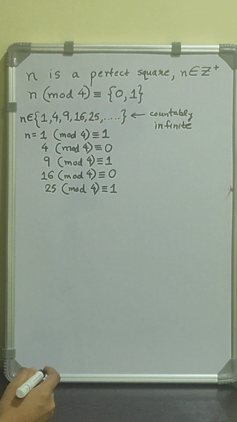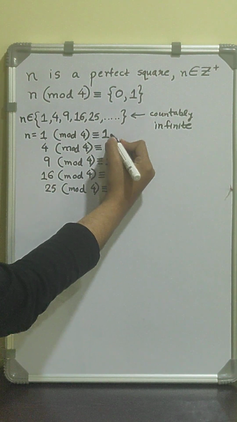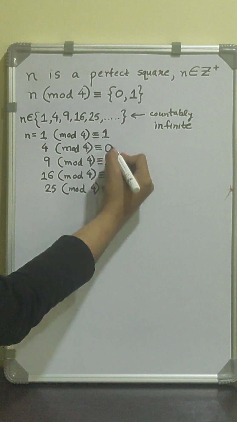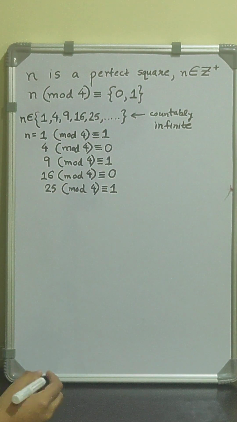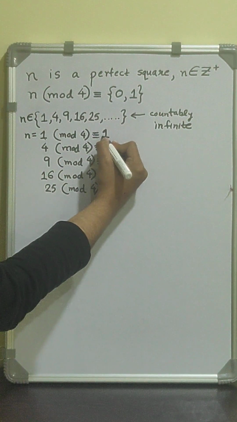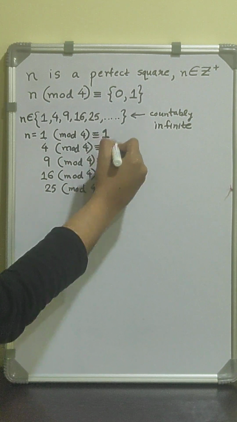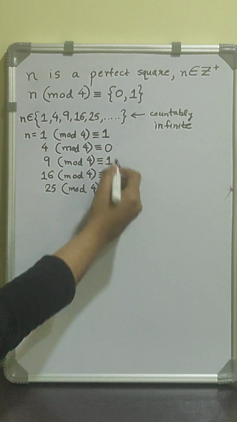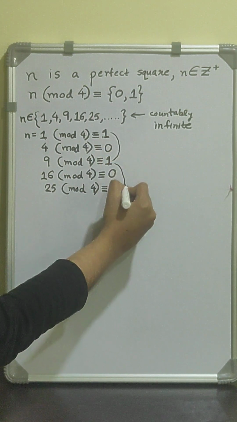So to prove this, we can observe that ones and zeros are repeated alternately here. That's the first observation, that you don't have consecutive ones and consecutive zeros. You always have ones and zeros alternating.